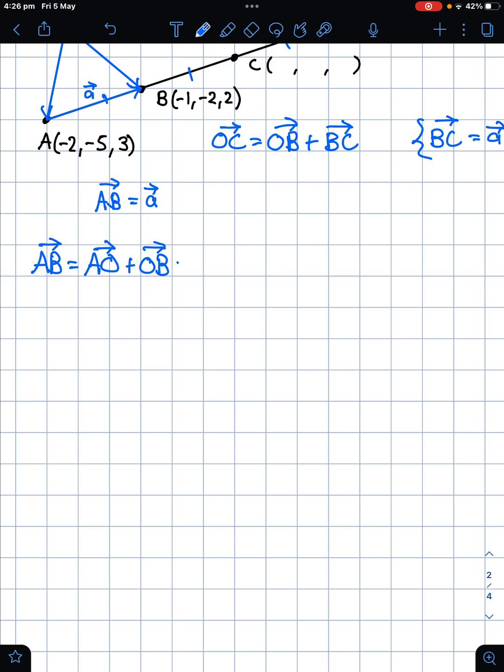So this means that it's going to be OB minus OA, which is the easy way to do that.